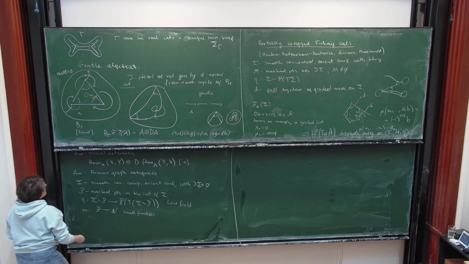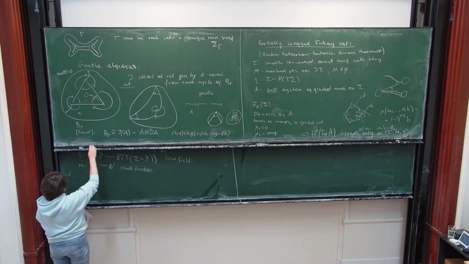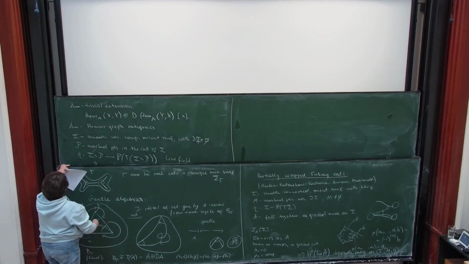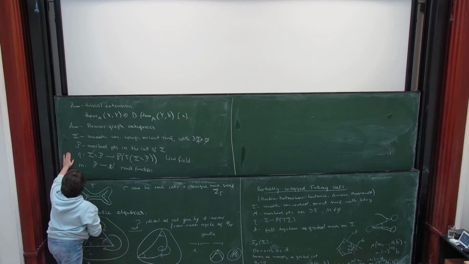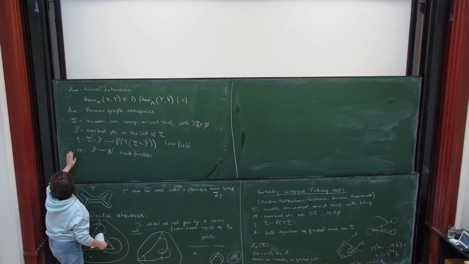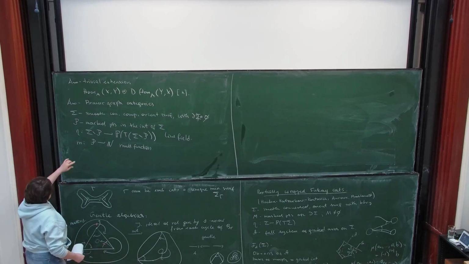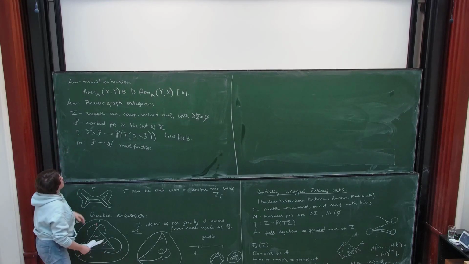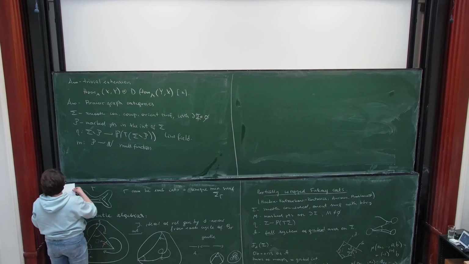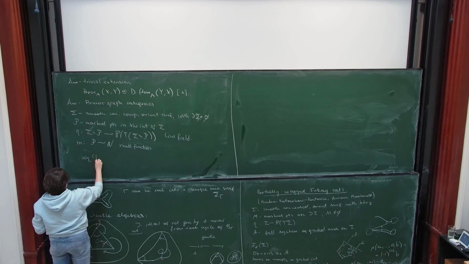Okay, and then we want the same sort of relations to hold as before, and for that one needs to require that the line field and the multiplicity function are compatible. So additionally, we ask that, let me write this and then explain.